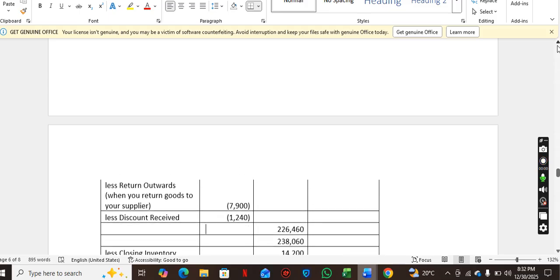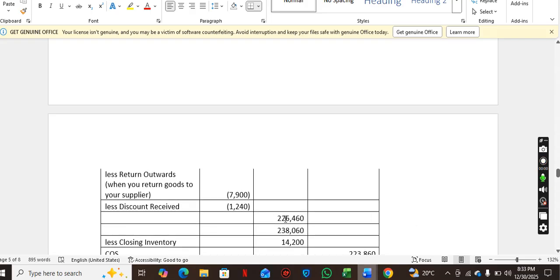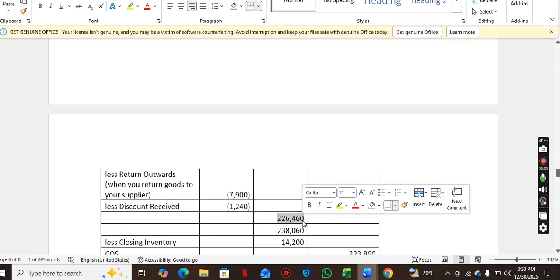So our purchases expense: 235,600 minus 7,900 minus 1,240 is 226,460. So basically we purchased goods worth 226,460.